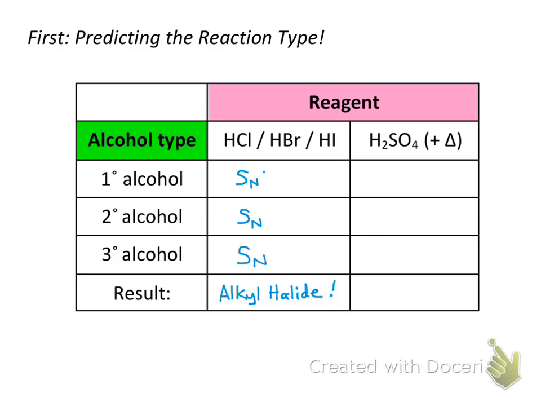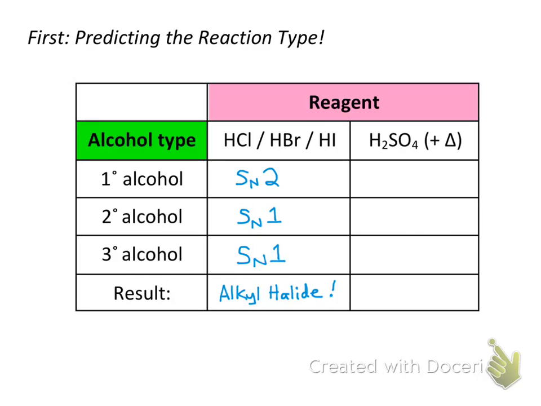Instead, we would expect an SN2 reaction to occur. With that being said, secondary and tertiary alcohols would form secondary and tertiary carbocations respectively, which are substantially more stable. So these will tend to proceed through the SN1 reactions.